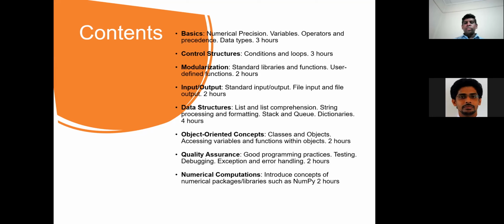Then string processing, very important nowadays, and then dictionaries. Then OOP concepts, very briefly, where everything in Python is implemented as classes, starting from data types. We will see that the integer data type in Python is an integer class. So we will look briefly at object-oriented concepts in Python, so that when you write programs, you are comfortable with the use of OOP concepts.